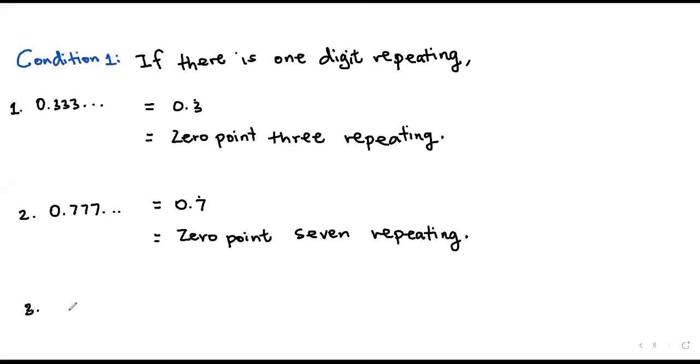And let's call it number 3, and we have 0.3555, 5 repeating. We are going to write this as 0.3 and then a dot on the top of 5, because 3 is not repeating, but 5 is repeating.